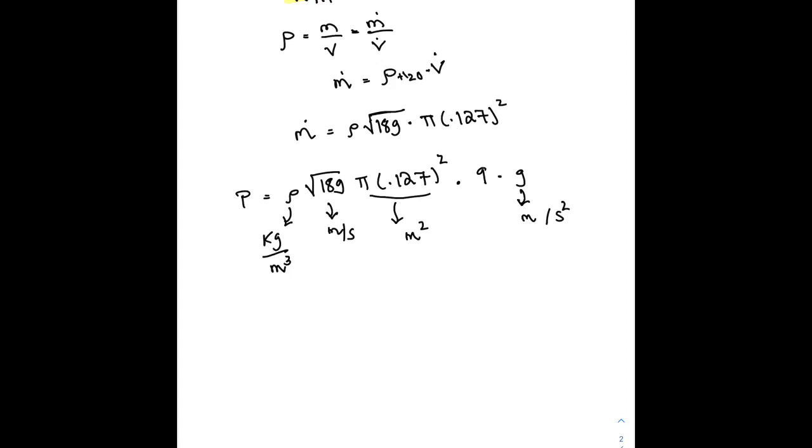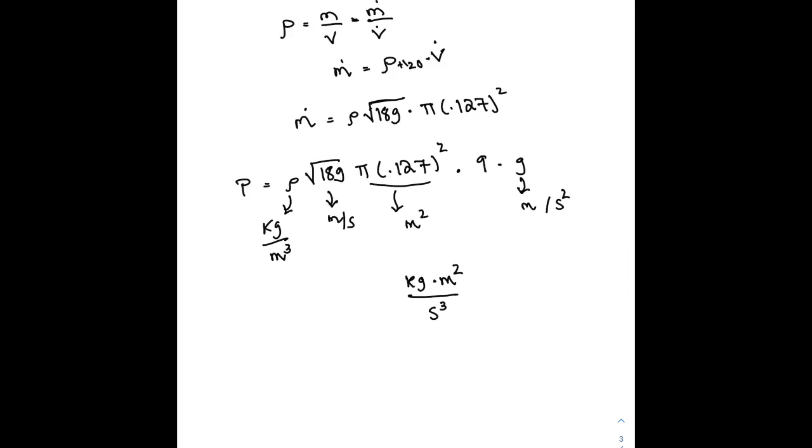And so the units combined, we will have meters per second squared. So we will have seconds cubed times kilogram times meter squared, our final units for the power. The seconds add up to the seconds cubed. The meters cancel out for the meter squared, and the kilogram stays the same.